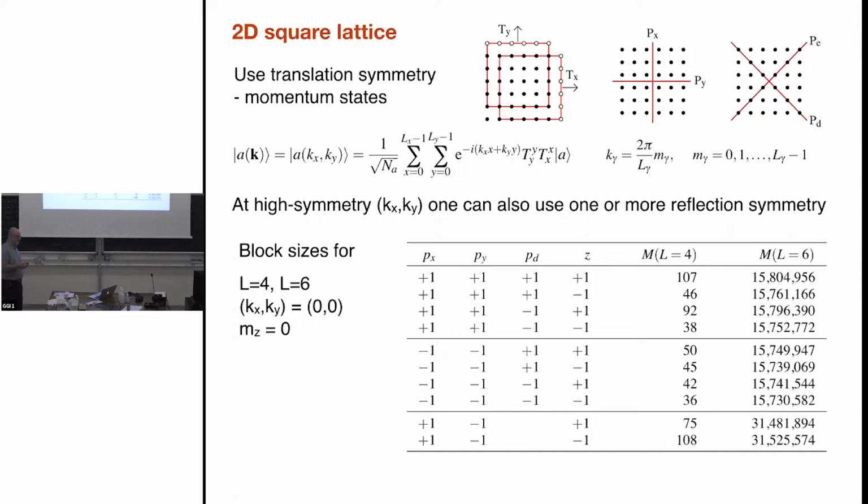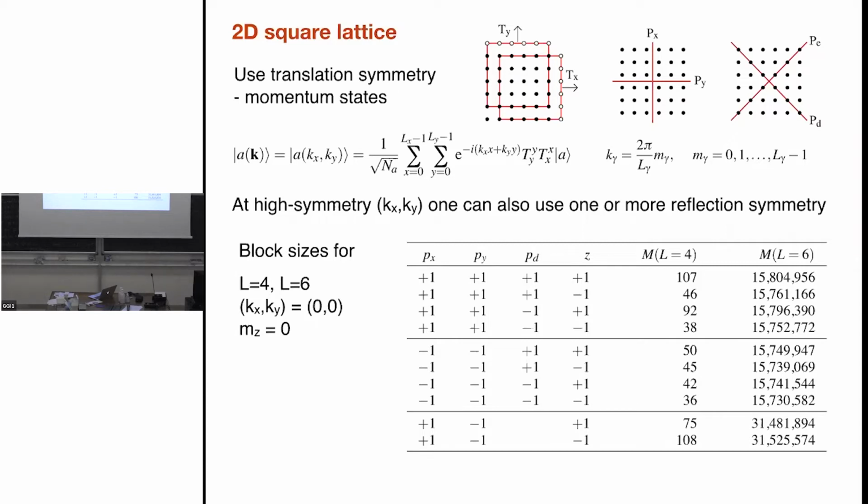Okay, here I show some sizes of the Hilbert space in 4x4 and 6x6 square lattices, and this is again in the 0 momentum sector that contains the ground state, and M_z, the total magnetization, is also 0. And here we have these reflection quantum number and spin reflection quantum number.